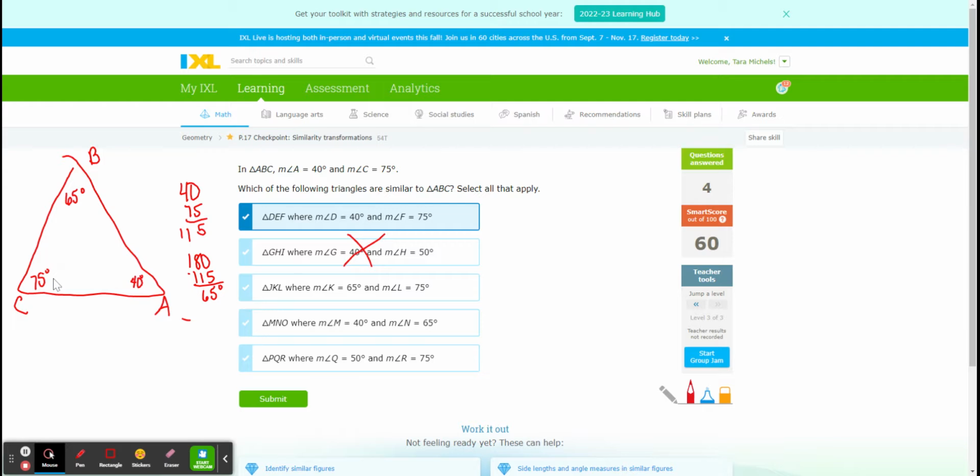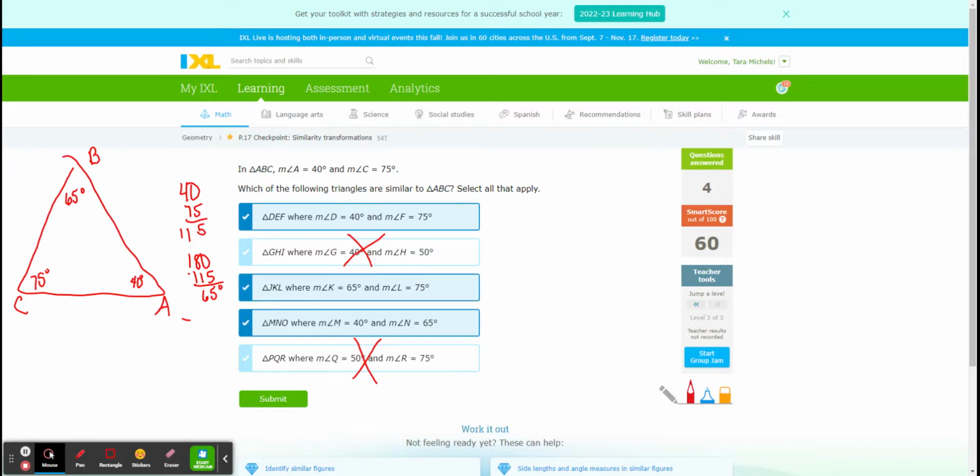Yep, I got two of those, so that'll work. 40 and 65. Yep, that'll work. 50 and 75. I got a 75, but no 50-degree angle. So that's not going to work. So it's just the first, the third, and the fourth.